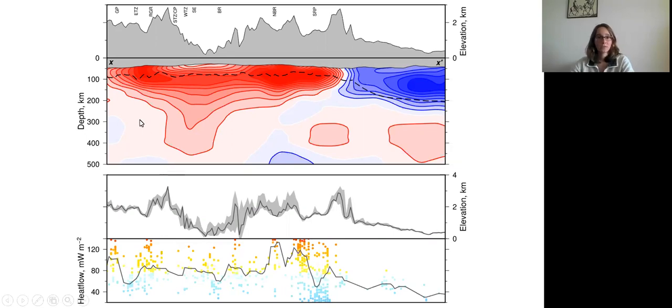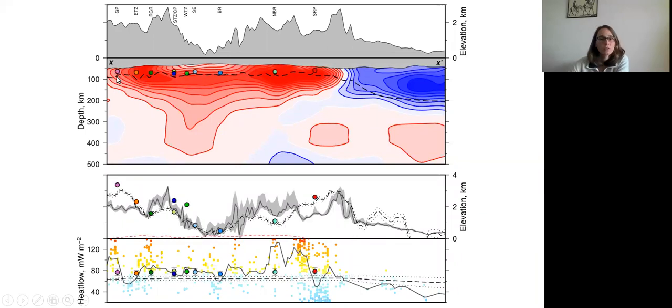High heat flow matches with this area of high topography, and where we see the slow velocity anomalies in the mantle. So you can calculate this in two ways. One, using the geophysical data, so the tomography model, and a geophysically inferred LAB, lithospheric thickness, which is this dashed line here. Or you can use the volcanic measurements in the colored circles.